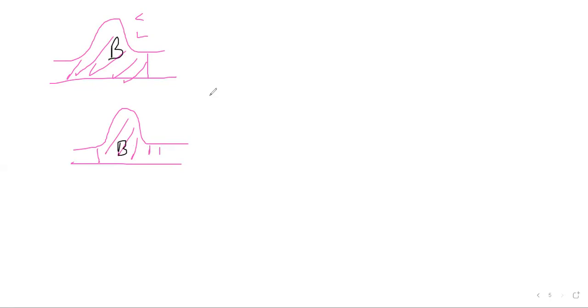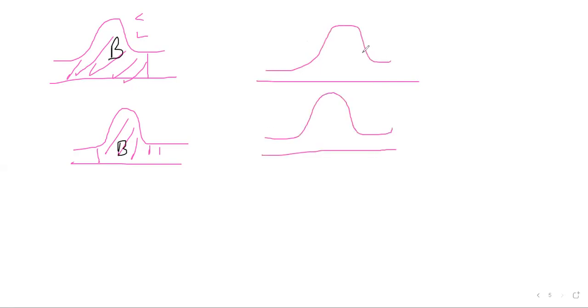We can also have small shadings when we have pictures which look like this. This one is greater to the right. This shading is small. This is also small when we have this shading less to the left.